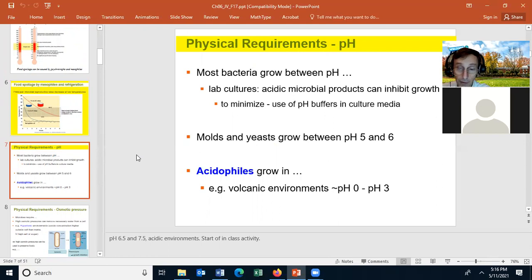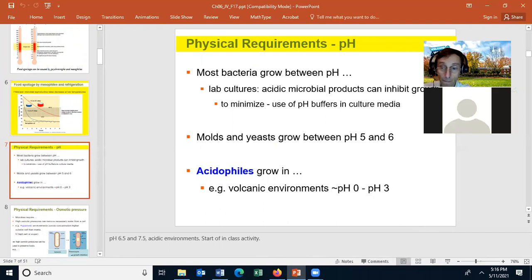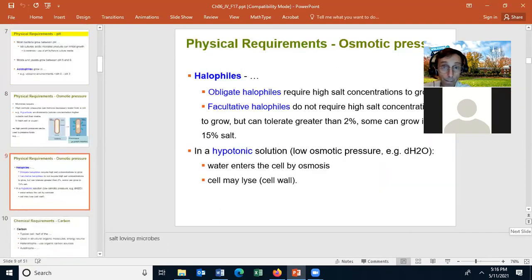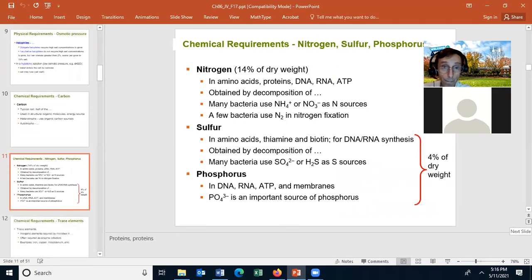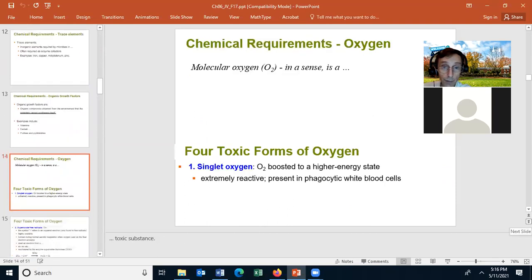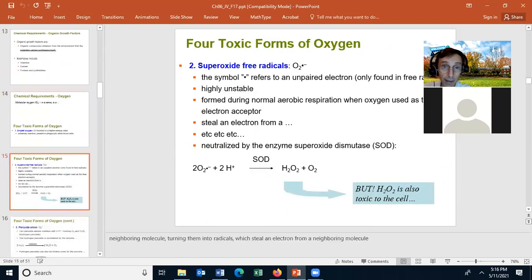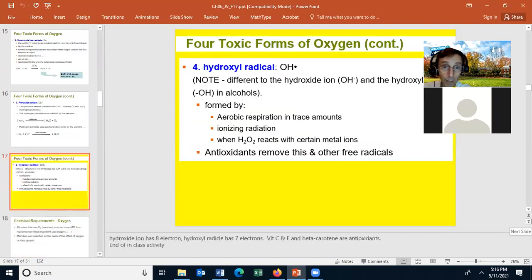And because I've got to get through this lesson today, I'm going to skip these slides. Any question about any of that? You do need to know the material, but you'll be getting it in the worksheet for this lesson.